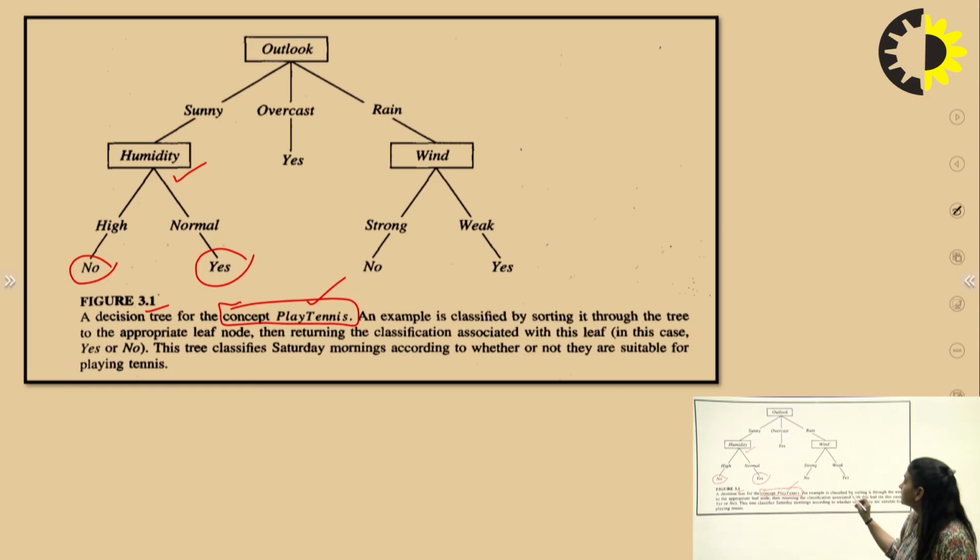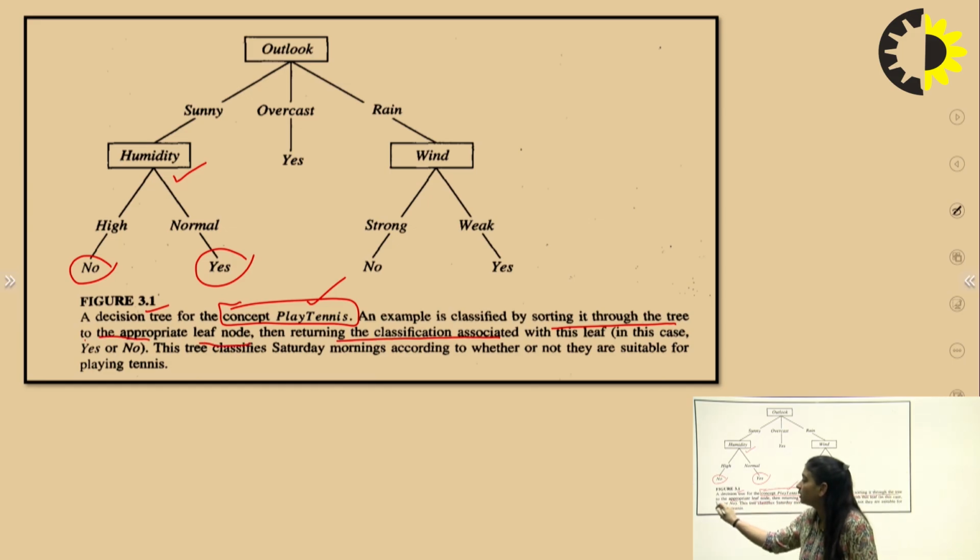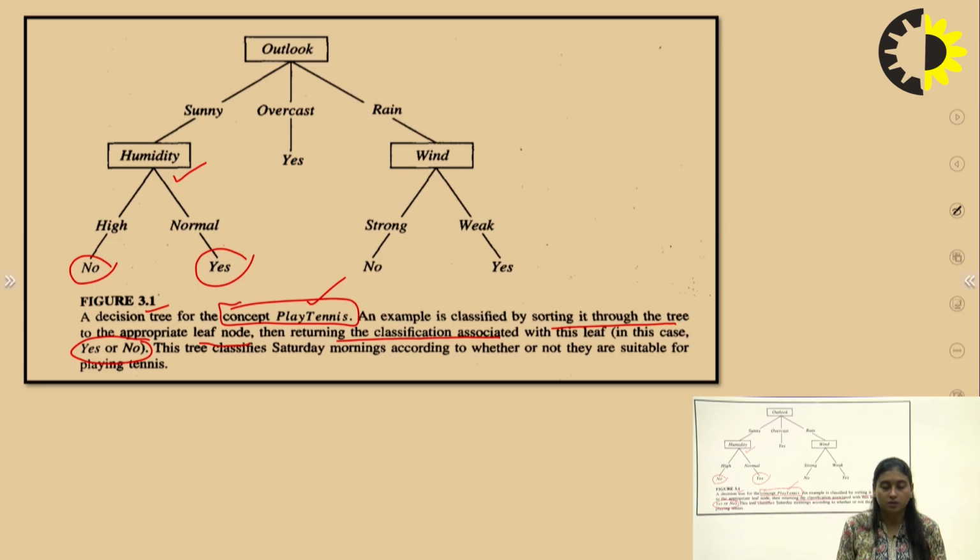An example is classified by sorting it through the tree to the appropriate leaf node, returning the classification, and ultimately in this classification we have two classes. One is yes, the other one is no. Yes means the person will play tennis, and no means the person will not play. It classifies a Saturday morning according to whether or not it is suitable for playing tennis.